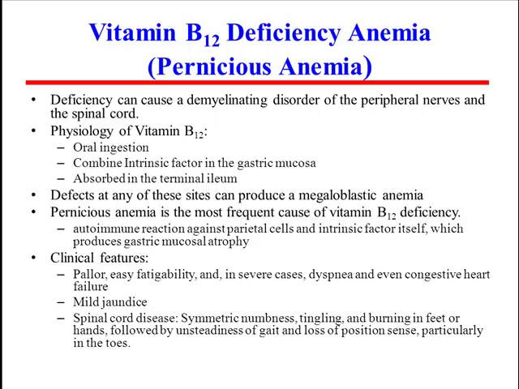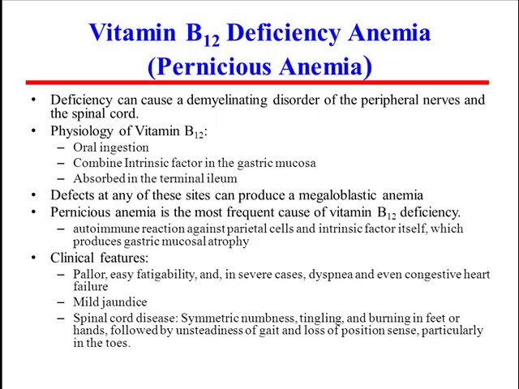So what happens is when you consume vitamin B12, it combines with intrinsic factor in the mucosa of the stomach, and then it gets absorbed in the ileum, which is the lower portion of the small intestine. And so if there is any defect at any of these sites, it can produce megaloblastic anemia.